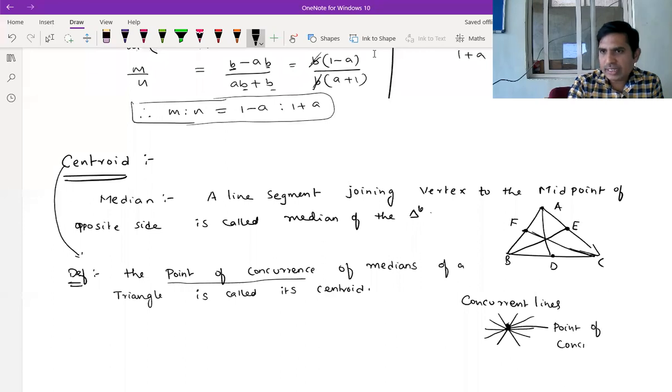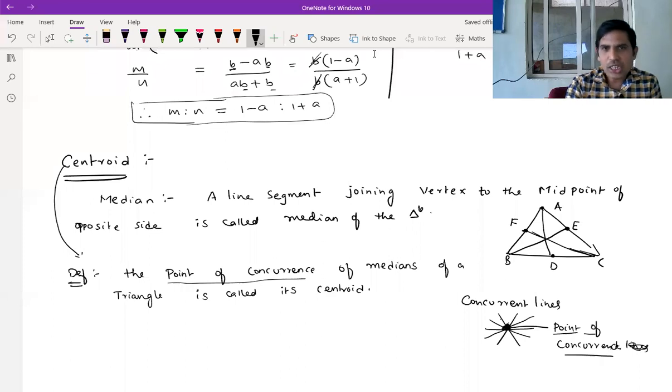So where the lines meet, that point is called point of concurrence. Remember, once again, 2 or more lines passing through the same point, then the lines are said to be concurrent lines. Where all the lines pass through the point, that point is called point of concurrence. Okay? Point of concurrence, you remember.